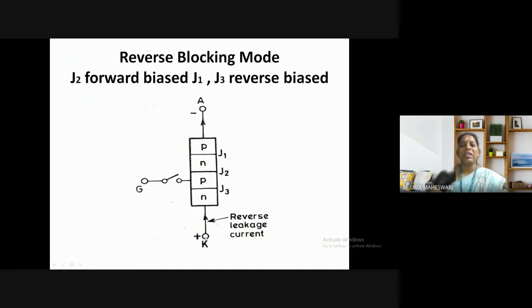When it is increased to a particular value greater than the reverse breakdown voltage, the reverse biased junctions J1 and J3 break down. Once they break down, current flows through the SCR, which is known as the reverse current. This reverse current will be a large value, and it should be avoided. So operation of the SCR beyond this breakdown voltage should be avoided.